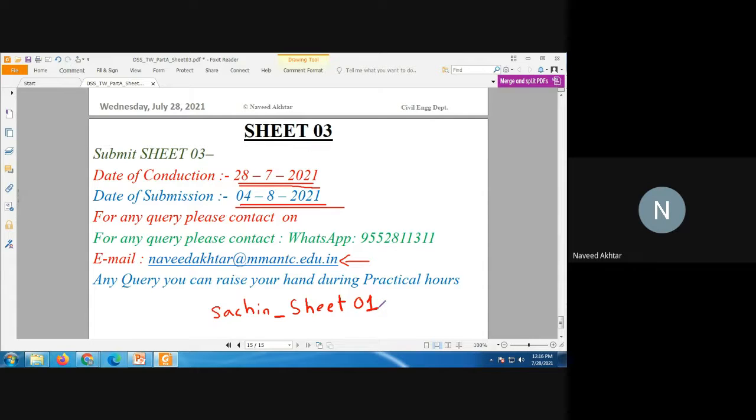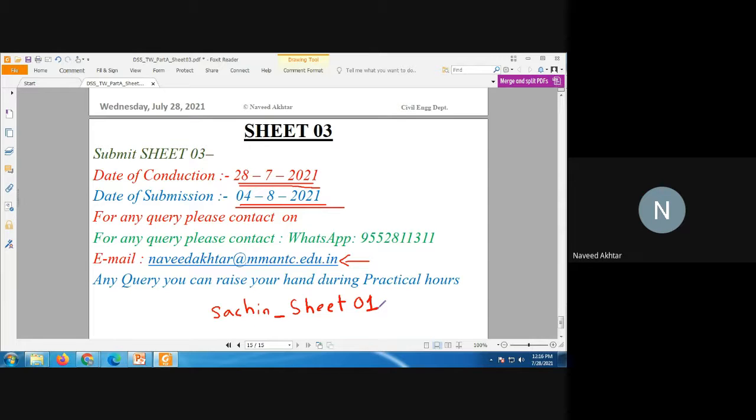If students complete the work regularly, their assignments, their sheets, their term work, their design calculations, only those students will get the maximum marks. Otherwise, other students will not, because you know that this practical and physical examination of DSS consists of 2 credits.